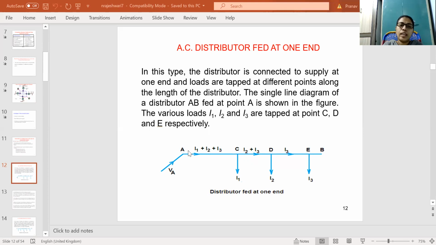The current from A is I1 plus I2 plus I3, the total current. Here I1 flows through this load, I2 plus I3 will flow through CD, from D to E it is I3. So this is the total distributor.